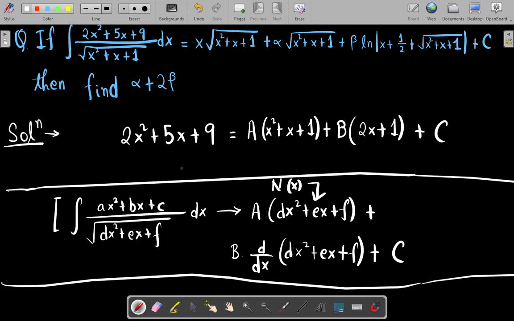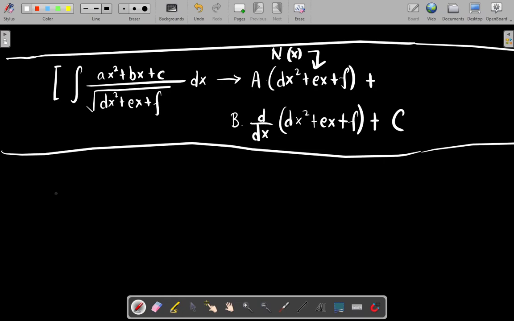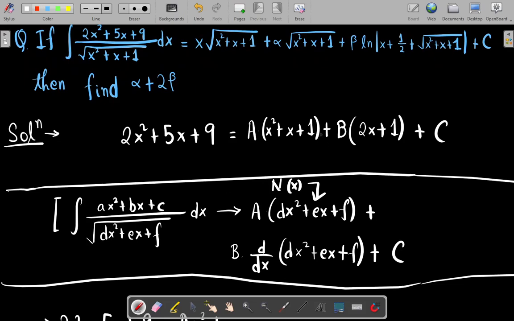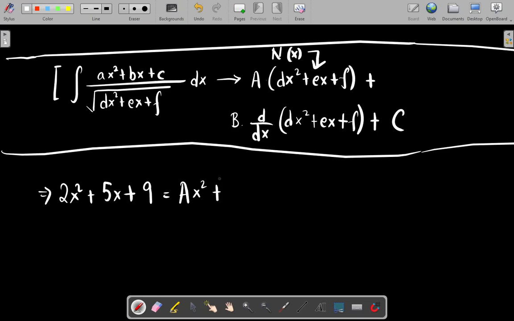After doing this we see that 2x² + 5x + 9 is equal to a times x², plus, if we take all the x terms together, ax plus 2bx, so this becomes (a + 2b) times x.